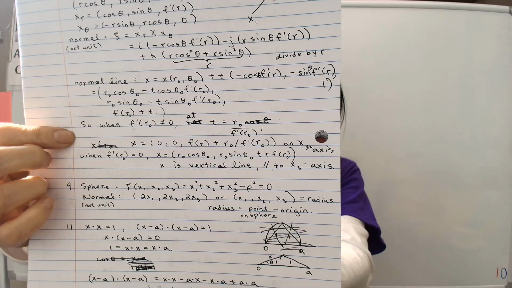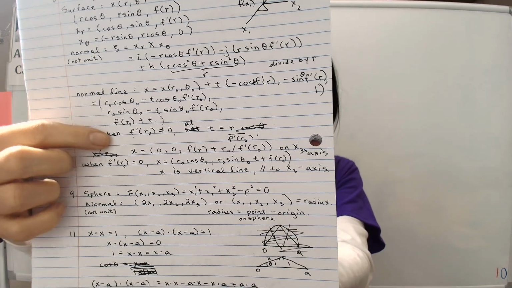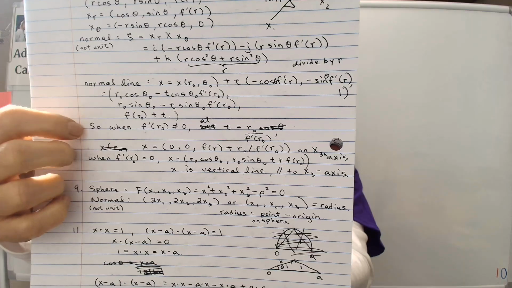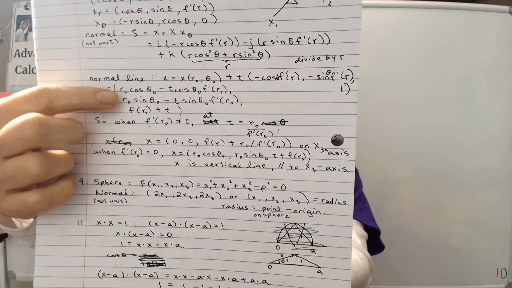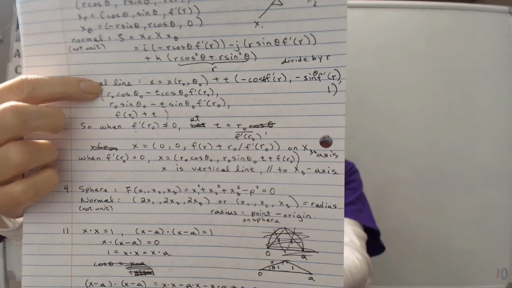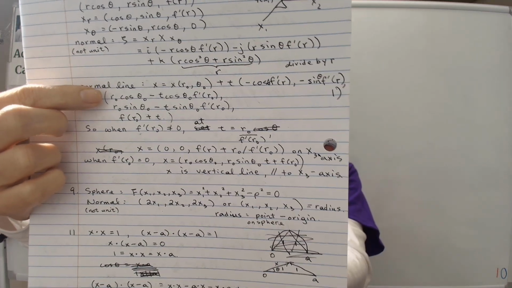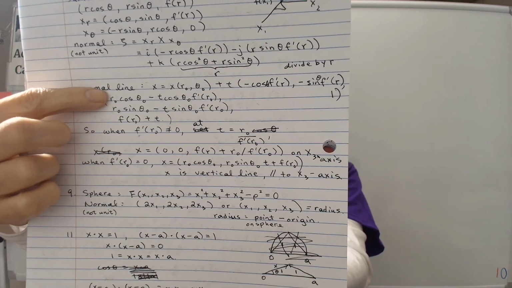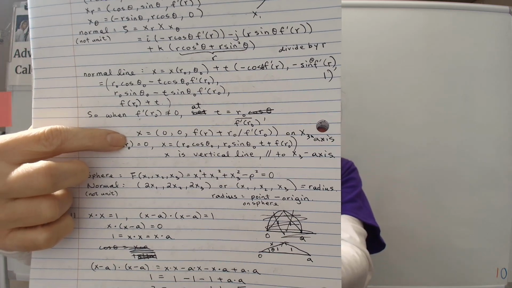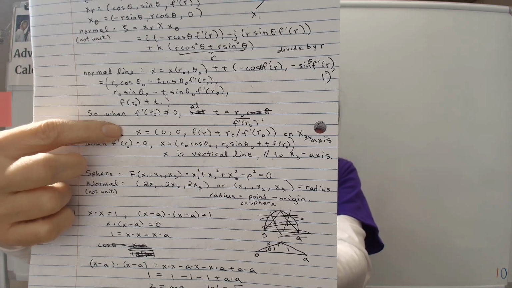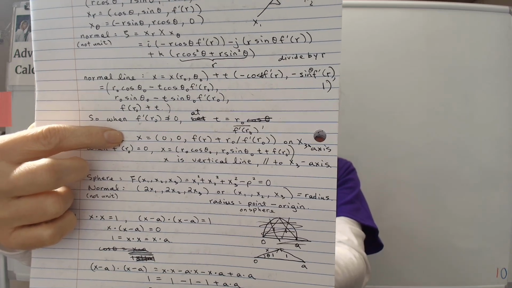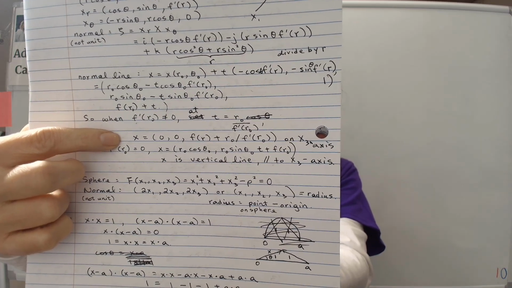So we have two situations. First, if f prime at r0 is not 0, then we can set t equal to r over f prime of r0, because if we do that, these two components will both become 0. So the point becomes 0, 0, and then something else.